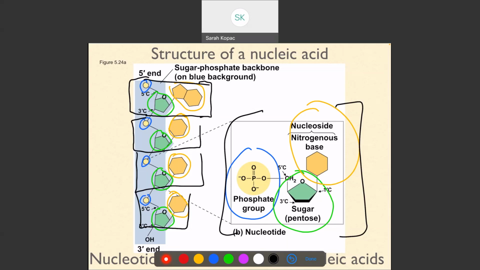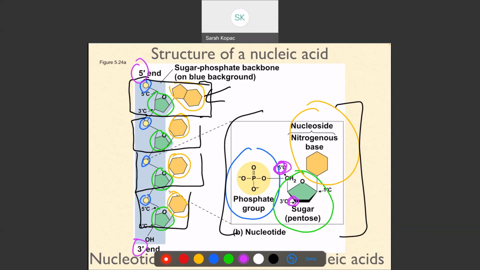The other thing that I want to point out is that the 2 different ends of this polymer are labeled as the 5' end and the 3' end. This has to do with the carbons in that sugar group. And so, as we saw before, the 5 carbon is at the top, and then the 3 carbon is over here.